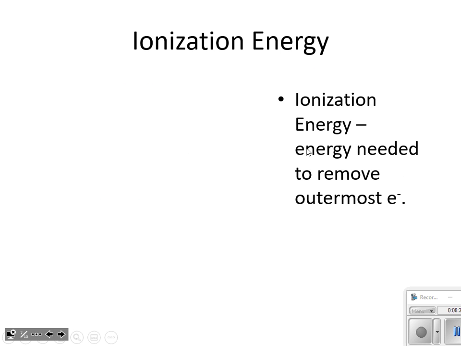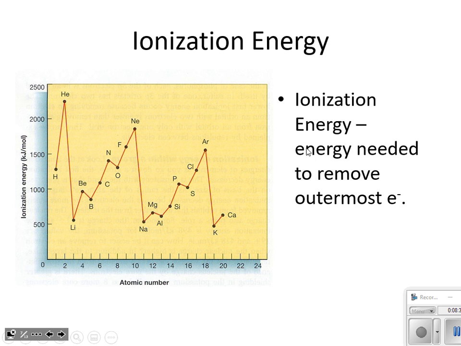Ionization energy. Ionization energy is the energy that is needed to remove outermost electrons. Let me say that again, the energy to remove the outermost electrons. Those are what we call the valence electrons.